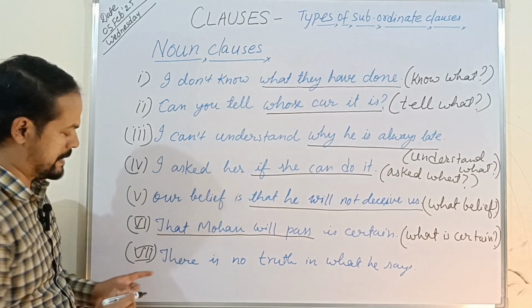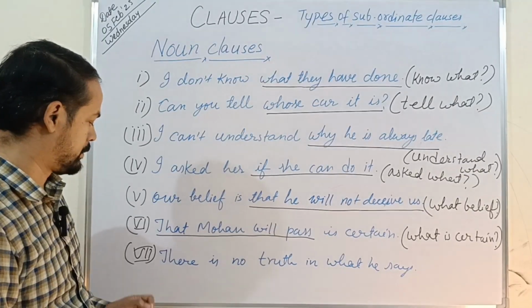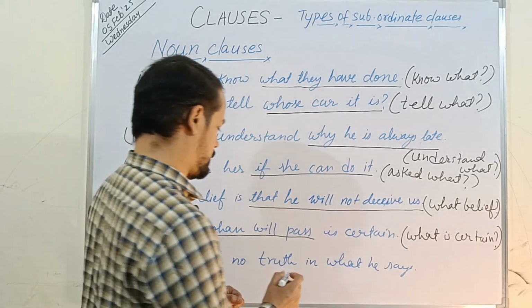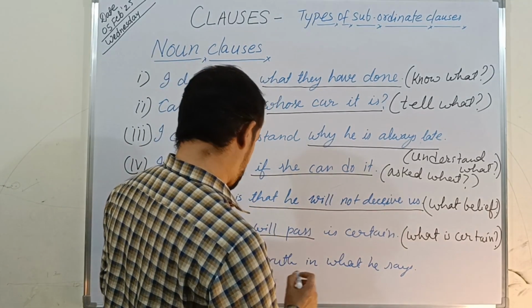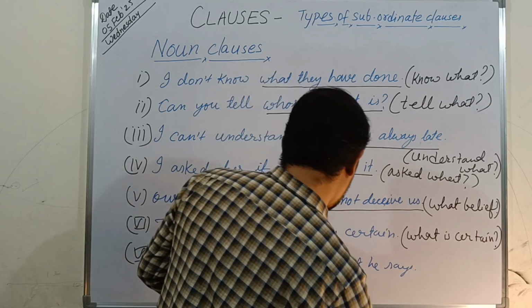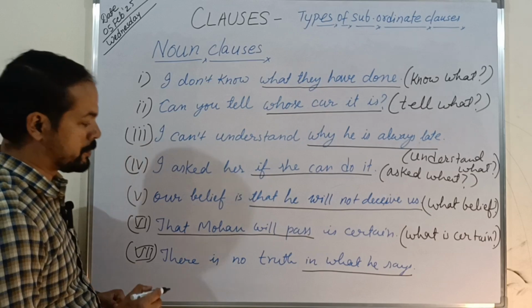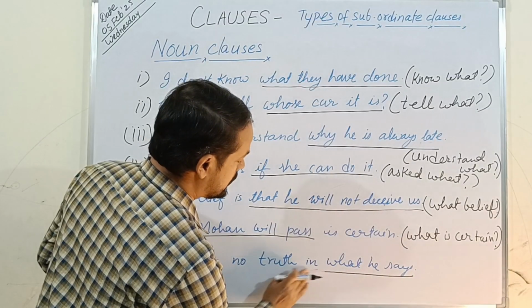In this sentence, you can see there is no truth in what he says. You can underline this. There is no truth in what he says.